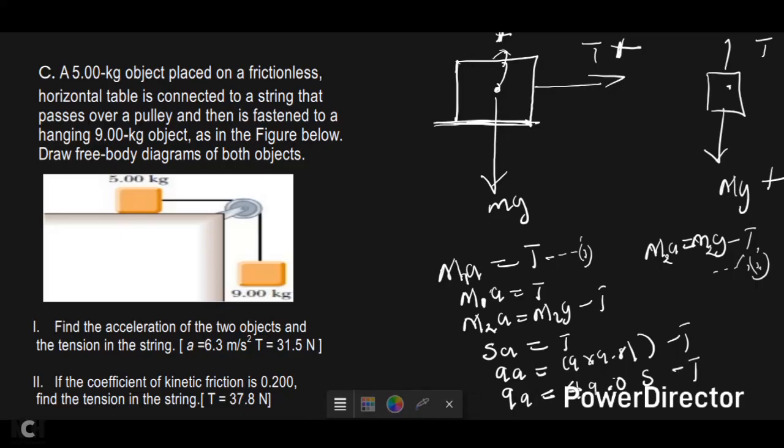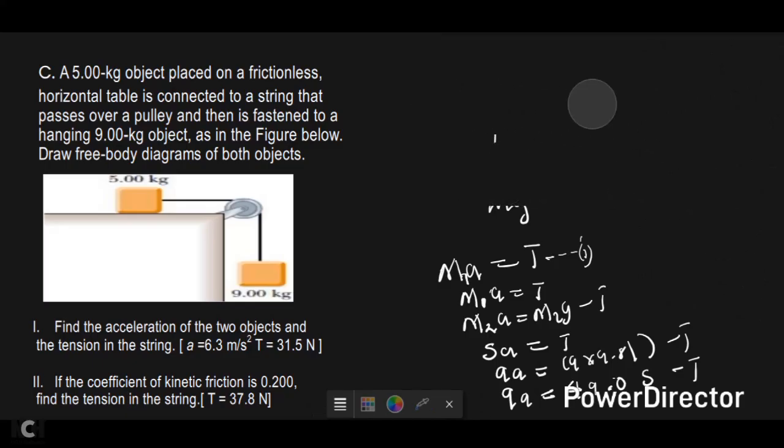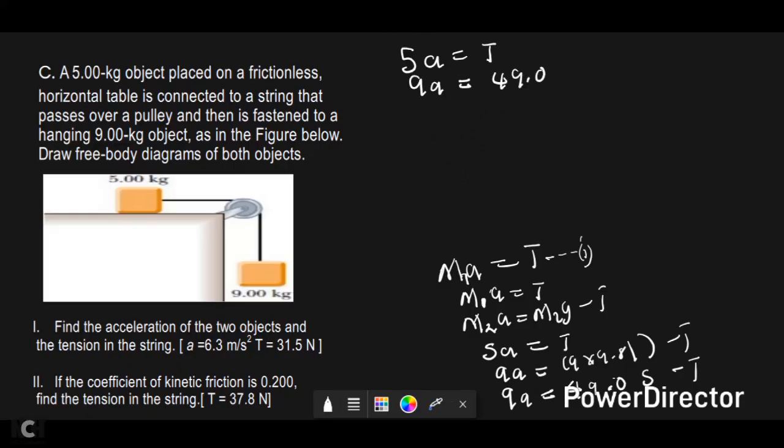Now that we have that, we can solve these as simultaneous equations. So we have 5a equal to T, and the other one, 9a equal to 49.05 minus T. Here we can just add directly: 5a plus 9a is 14a.